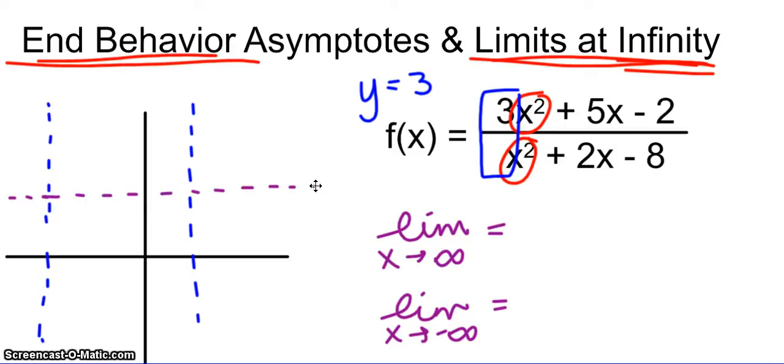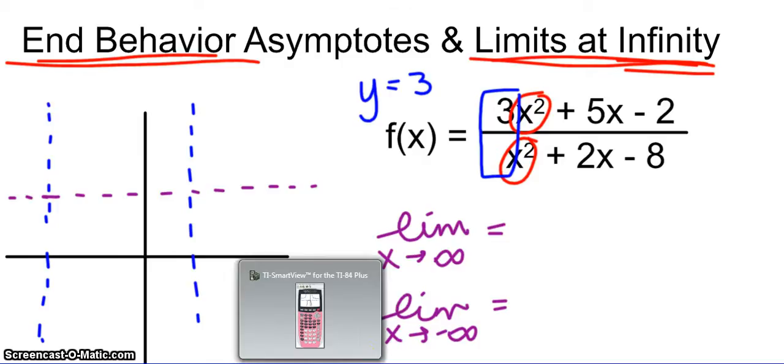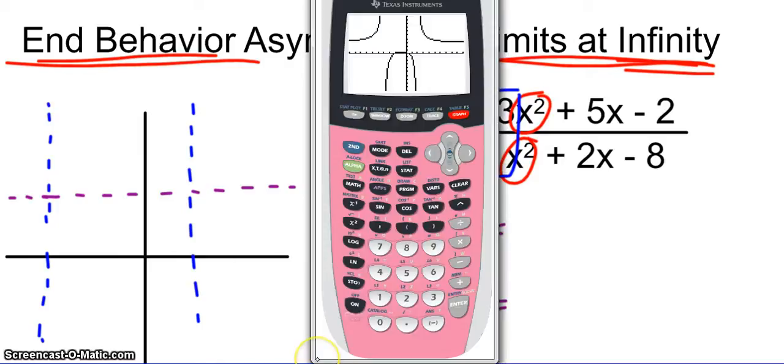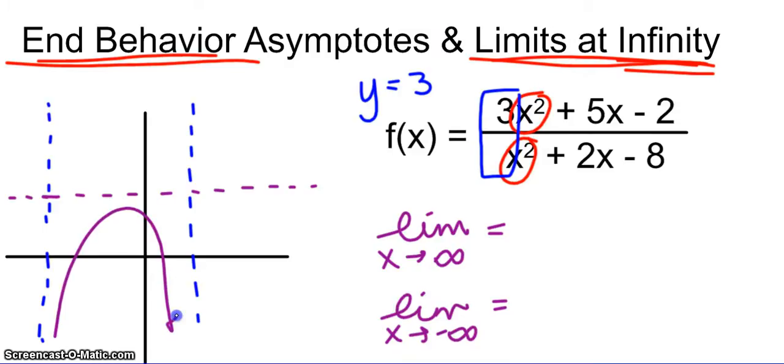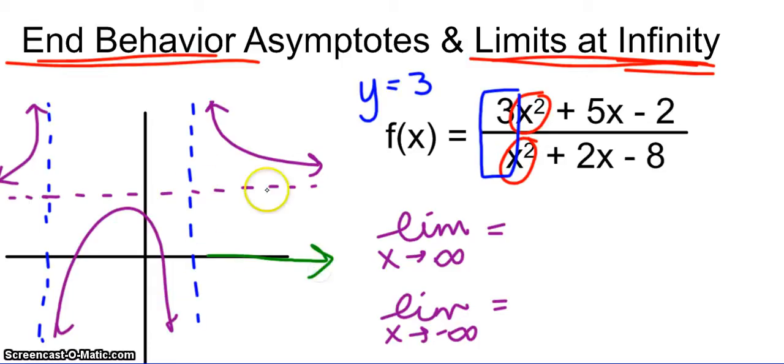Okay. Then, if we use our calculator to help us in graphing some more key features, I know that this is going to look something like this, and like this. Well, the limit as x goes to infinity, my y values are going to converge on 3, and as x goes to negative infinity, my y values are also going to converge on 3.